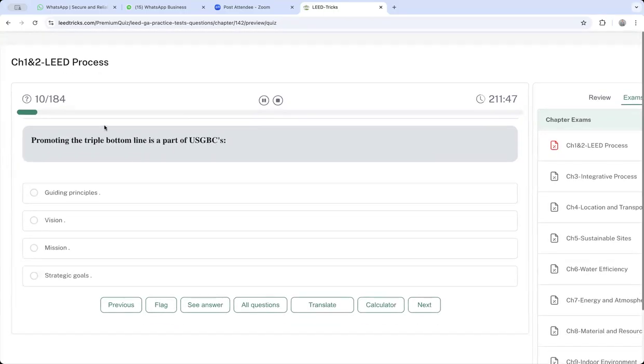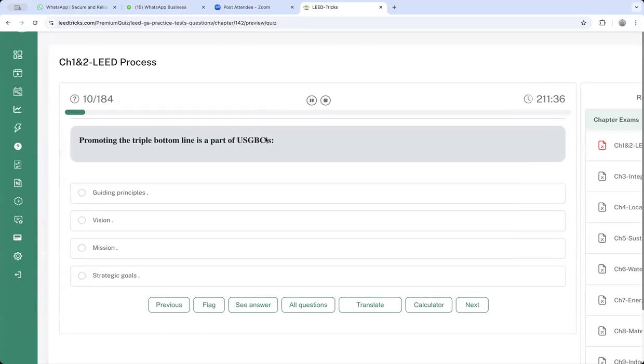Question says, promoting the triple bottom line is part of USGBC vision, mission, strategic goals, guiding principles. This kind of question also, you answer one time and you know it, because if it comes, it will come as is. Promoting triple bottom line, promoting environment, promoting economy, promoting social life.